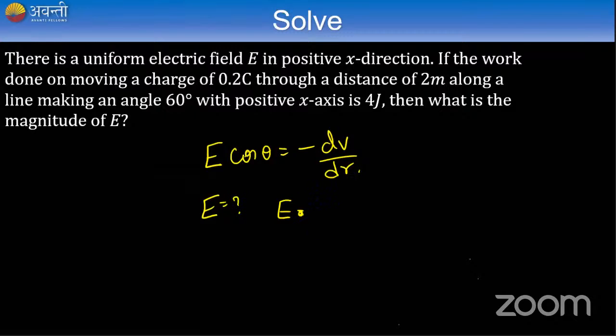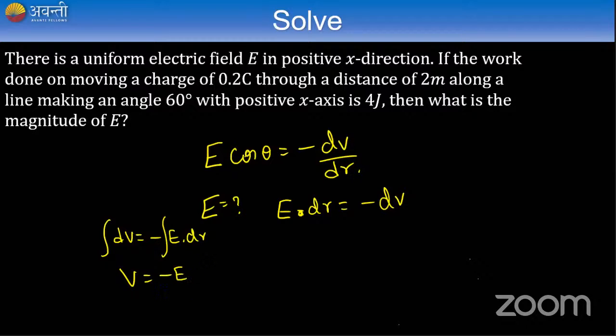I'll take E dot dr is equal to minus dV. From here, integrate on both sides. So dV is equal to minus E dot dr. Integrating on both sides, I would get V is equal to minus E dot R. Just this formula only. Apply here. What is my V?